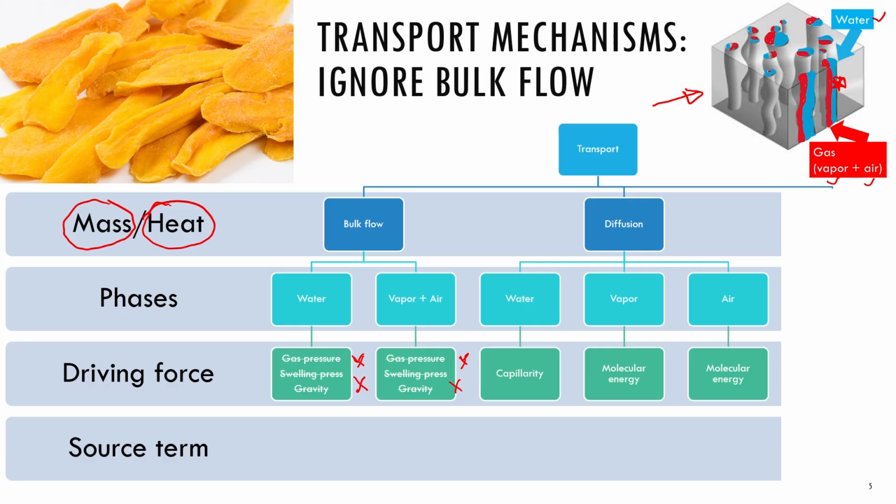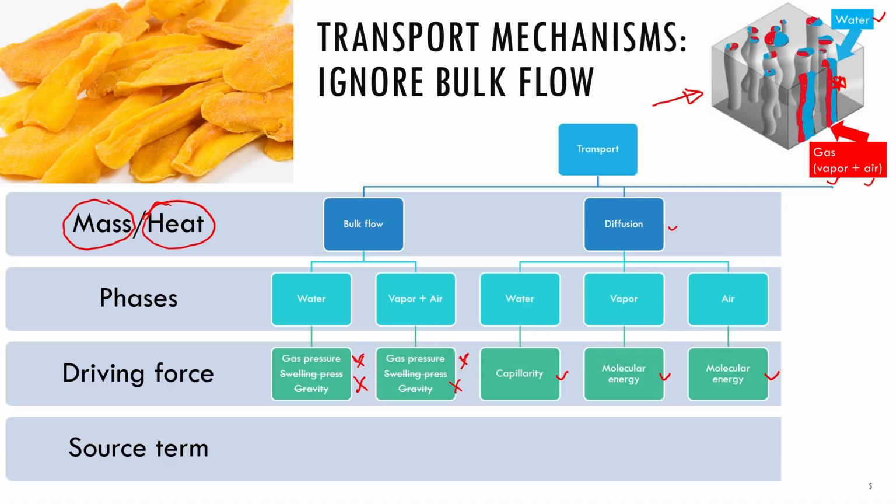The other type of transport is diffusional. So for water, capillarity is the driving force, which can be shown to be diffusion like, and then vapor and air, they will both be moving by molecular diffusion.